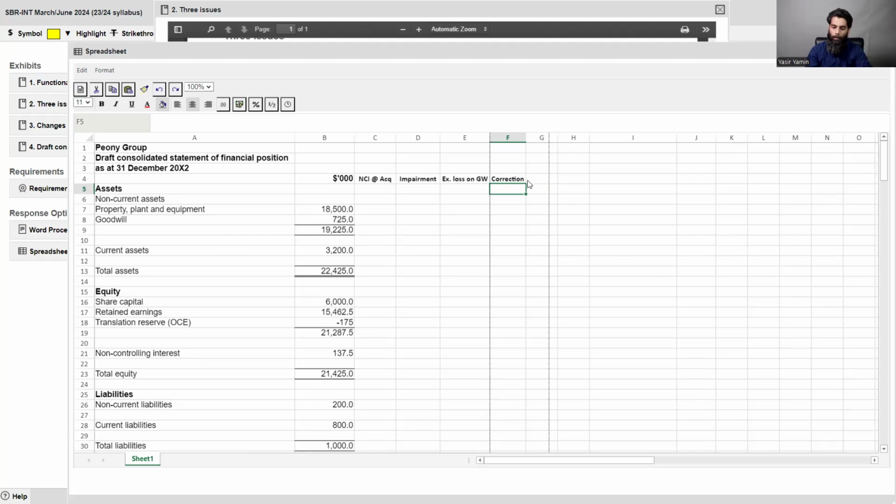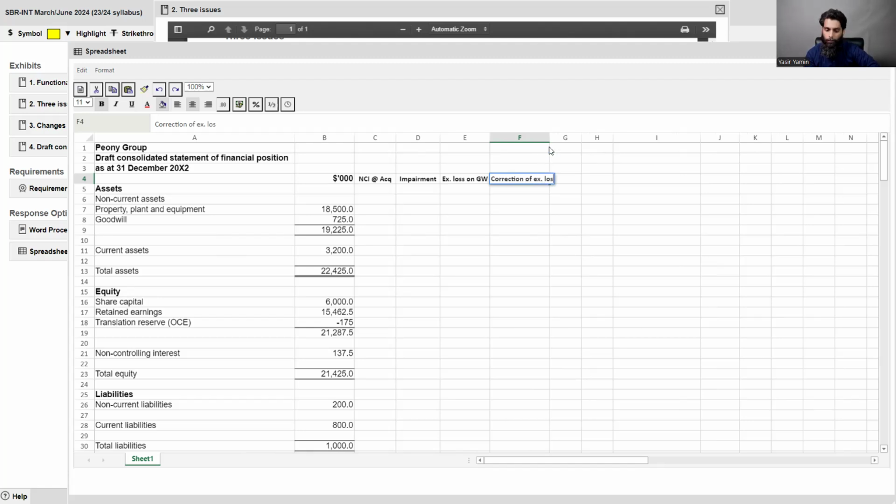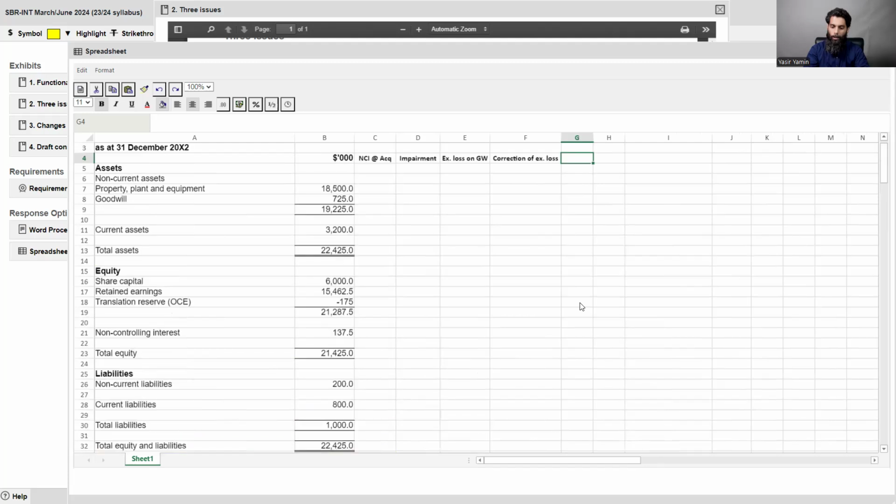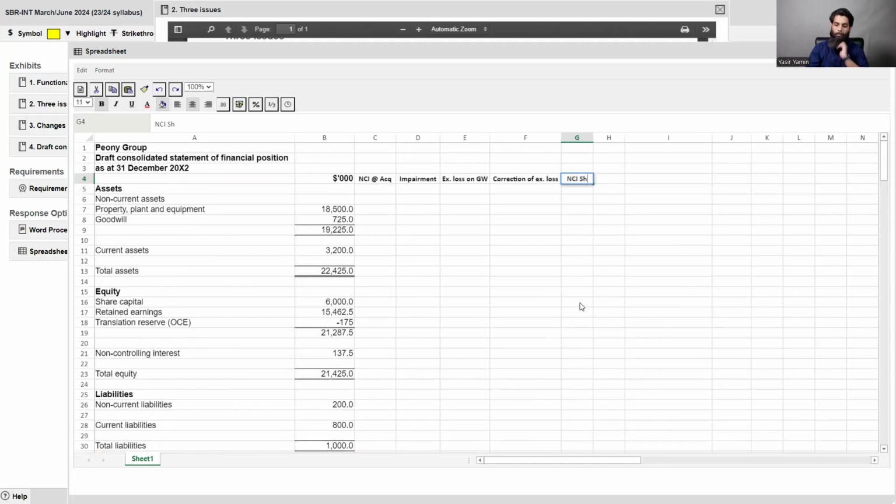And what's the full and final 5th adjustment? This is NCI's share of loss. So I can write NCI share. Make sense? And once we are done with this, we will get our final SOFP. Now let us start posting. Let us post all these adjustments one by one.